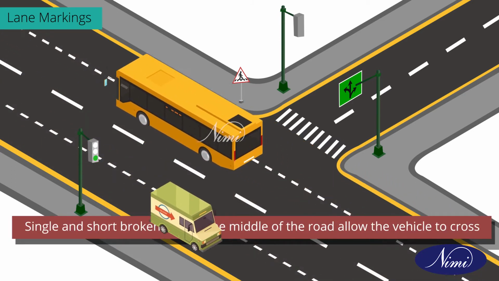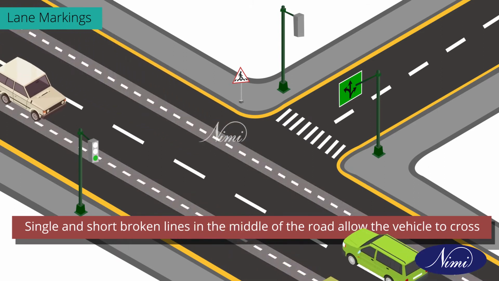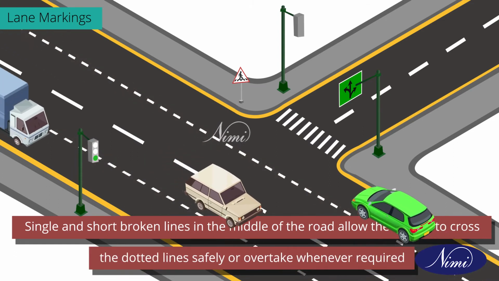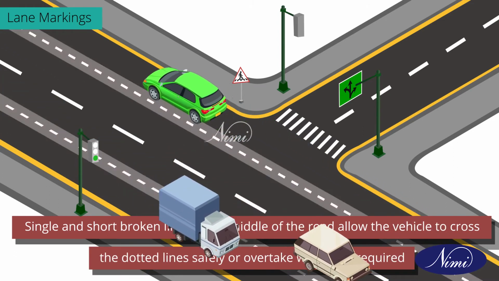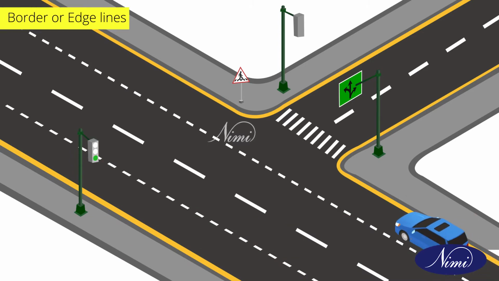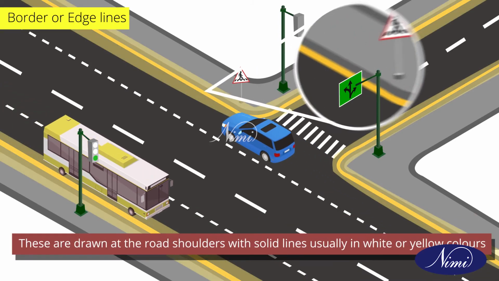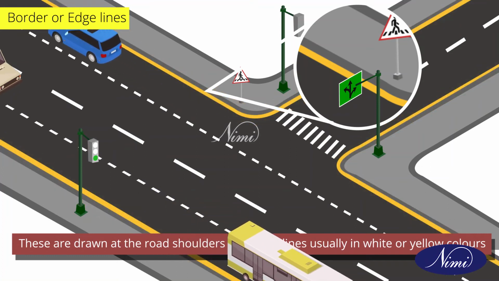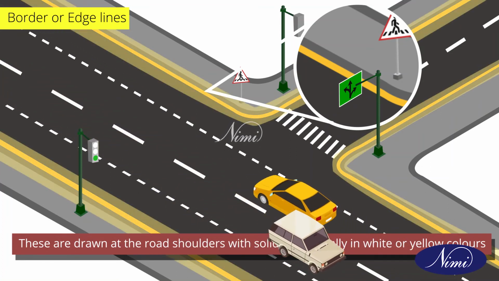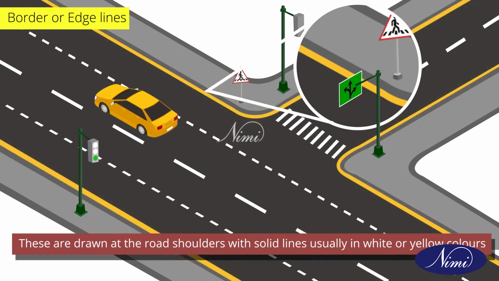Single and short broken lines in the middle of the road allow the vehicle to cross the dotted line safely or overtake whenever required. Next one is border or edge lines. These are drawn at the road shoulders, that means road sides, with solid lines usually in white or yellow colors.